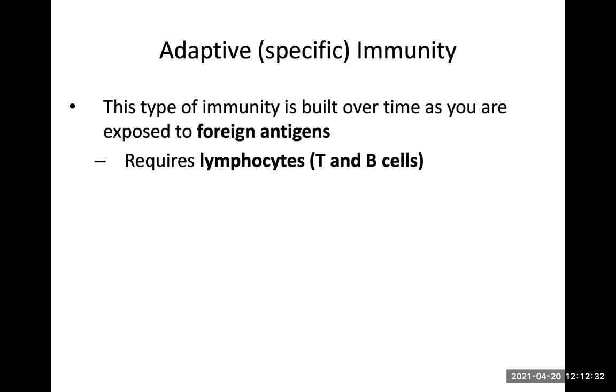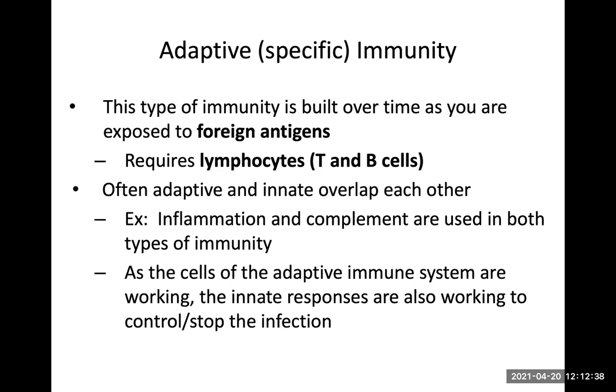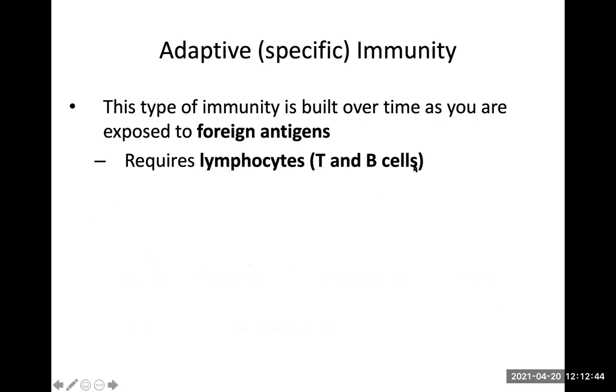Both T and B cells will have actions and provide you this long-term specific immunity. So it takes time, right? Because you're not going to be suddenly introduced to all the antigens all at once, right? So it's built over time.